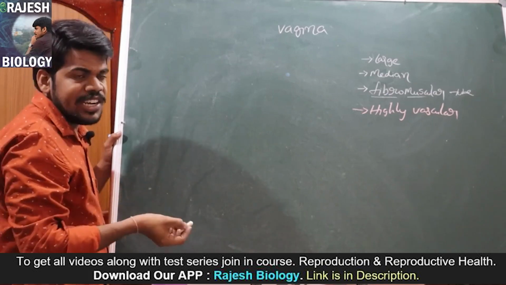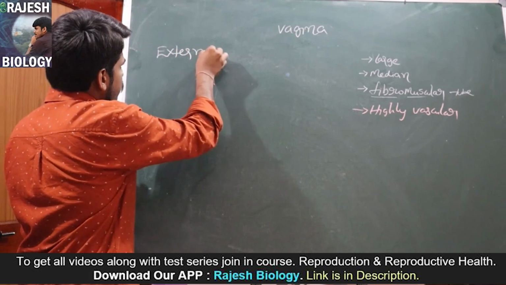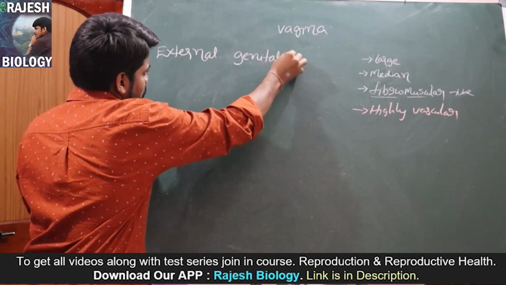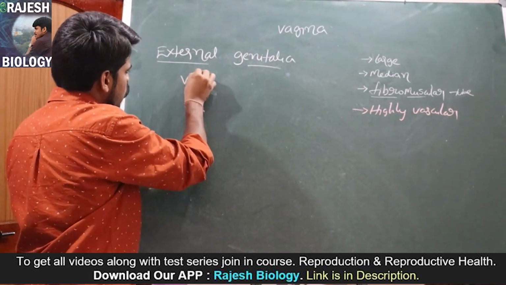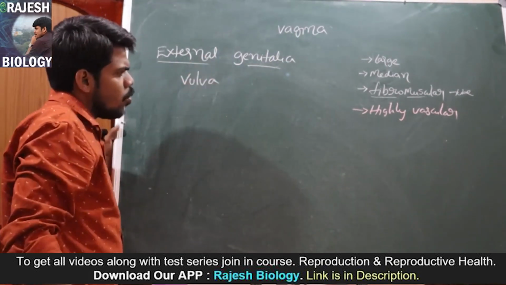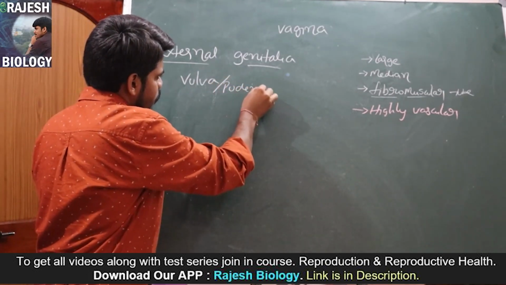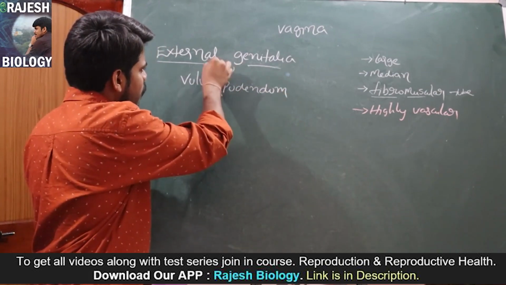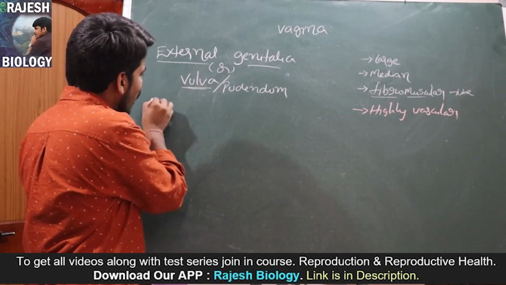Next, external genitalia. External genitalia consists of the vulva. Vulva is also called pudendum. External genitalia is nothing but vulva or pudendum. Vulva means wrap around.